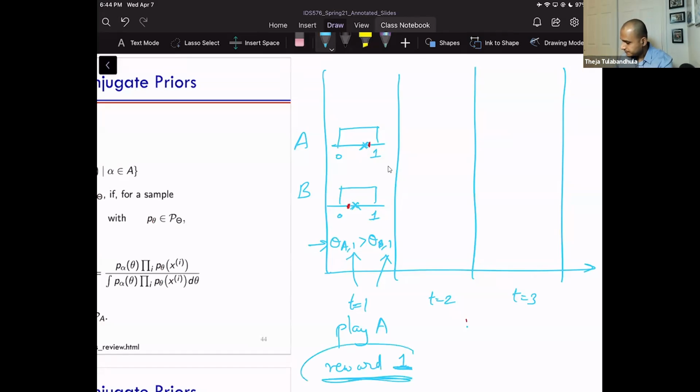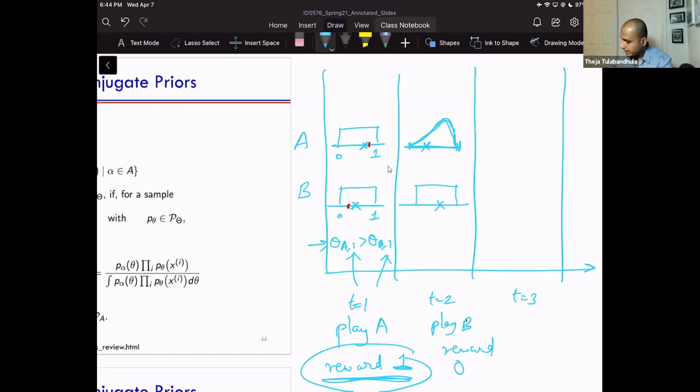Given this data, you're going to update your distribution over the mean reward to a slightly different distribution. That is exactly called a posterior distribution. And for B, since there was no information, it's going to stay like this. Now if you draw a sample again, maybe it turns out that A happens to be smaller than B, in which case you'll play B and you'll also get a reward, let's say 0.